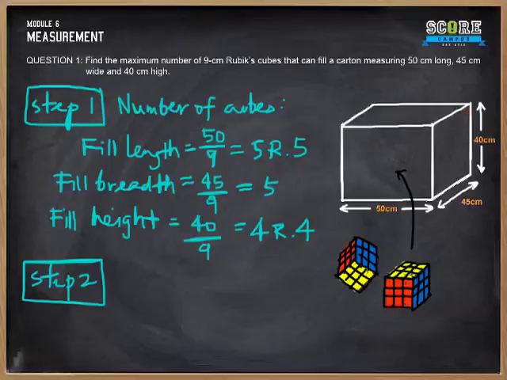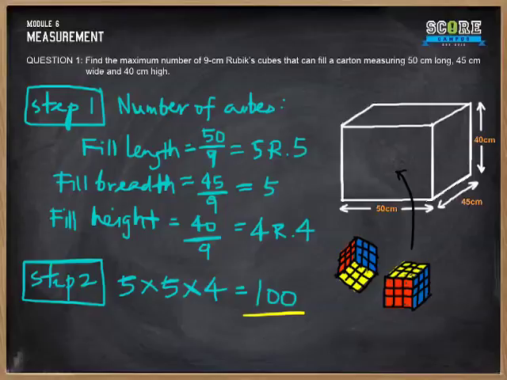Now to find the maximum number of Rubik's cubes that can fill the carton, just multiply all the figures up, which is 5 times 5 times 4. 5 on the length, 5 on the breadth, 4 on the height, and you get 100 in one carton, and that is your final answer. Remember, you can ignore the remainders.